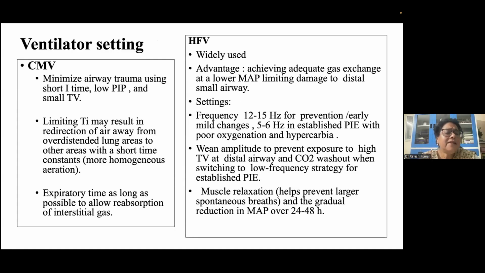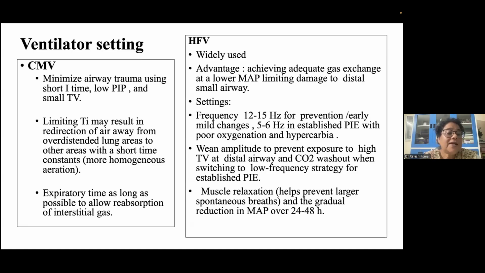The ventilator setting, if you are using conventional mechanical ventilation, should have a very short I time, low PIP, and small tidal volume. When the I time is kept minimal, it may result in redirection of the air away from the overdistended lung areas with a long time constant to other areas with a short time constant and more homogeneous aeration.